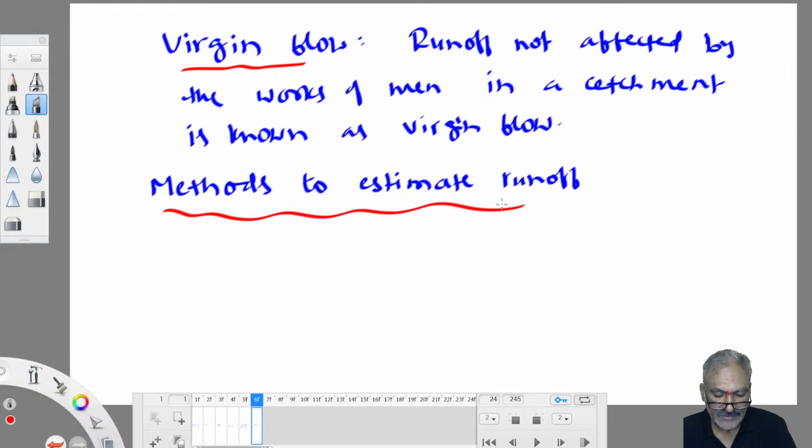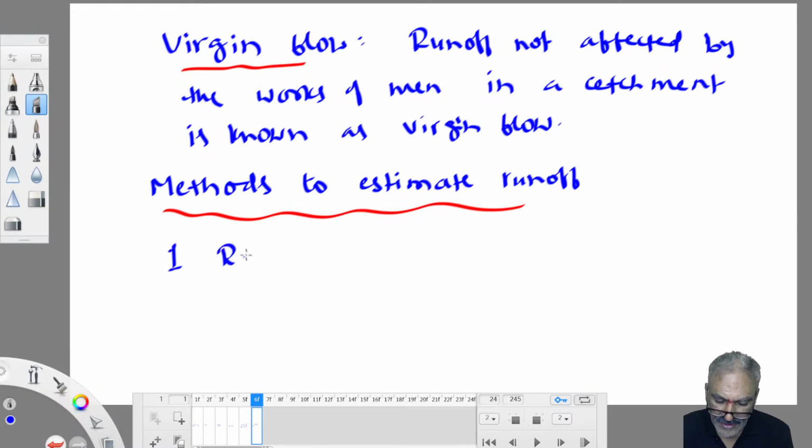Let us see the first method. Let me first list out all the methods, and we'll discuss them one by one. The first method is using the rainfall-runoff relation.